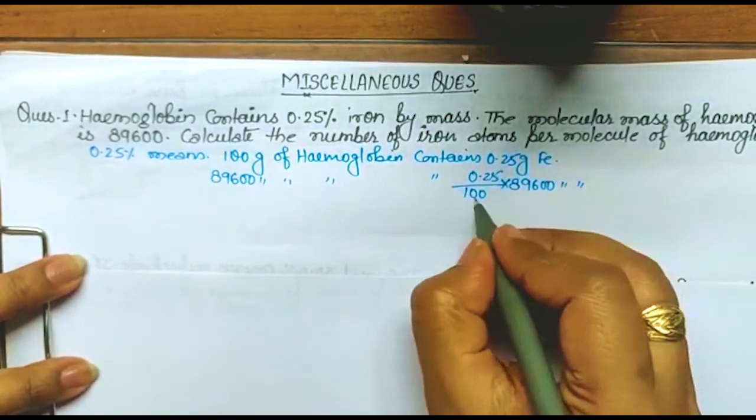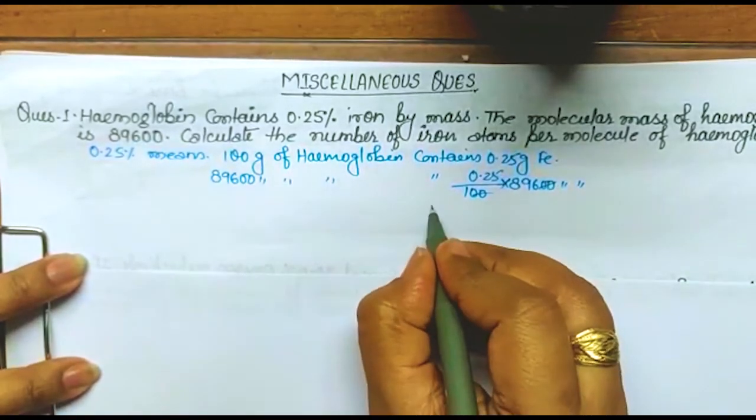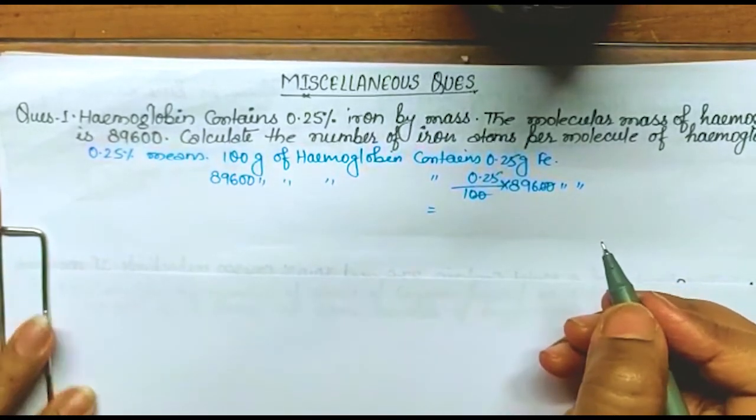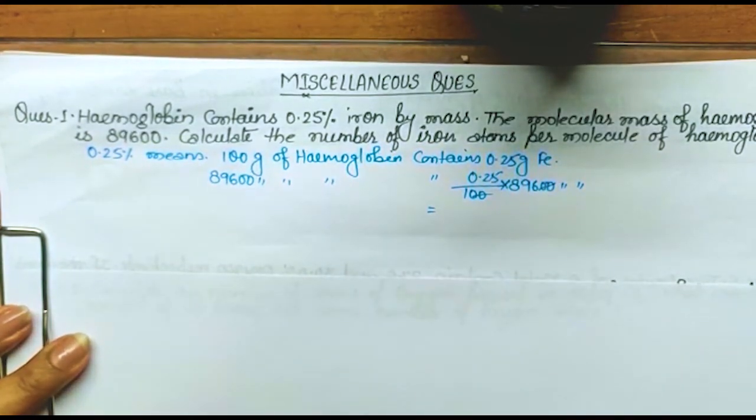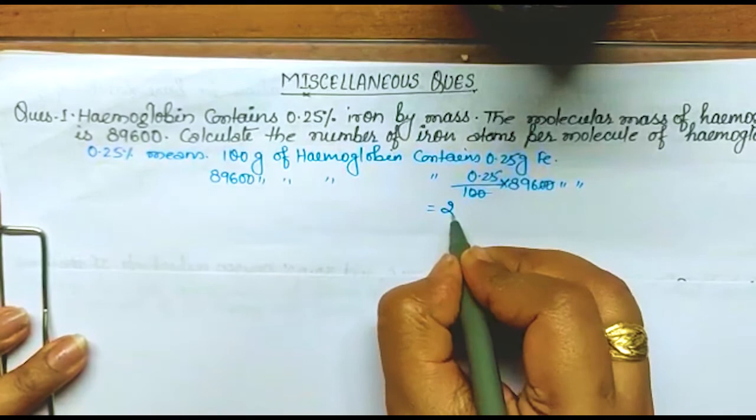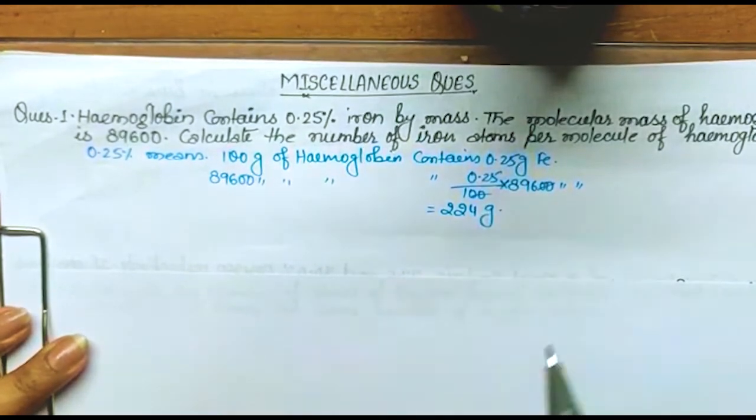So solve this. I am using a calculator, but as I said, you are not supposed to. You have to do it on your own. If I multiply this, we are getting 224 gram. Isn't it clear?